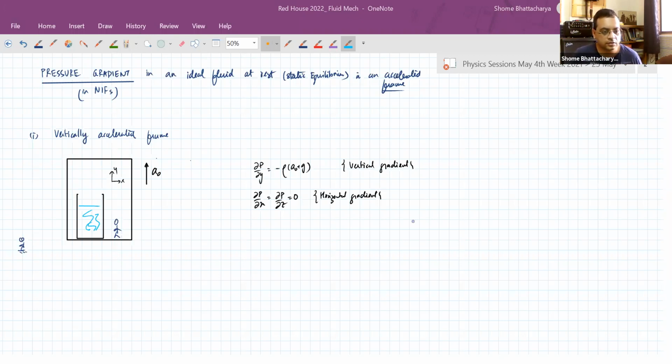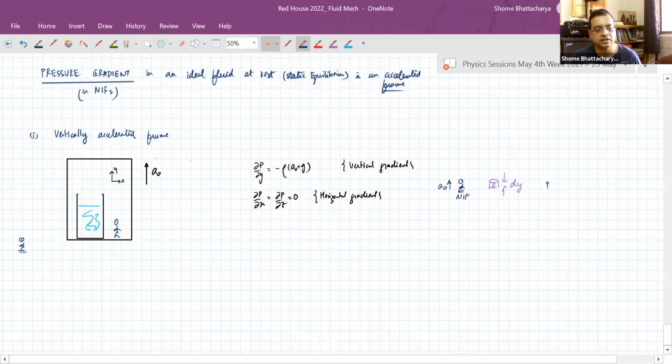Right. So when you look at this kind of a volume element, which is of vertical thickness dy in the non-inertial frame going upwards, it's at rest. So you can see that there is weight and there is pseudo force, which has to be balanced with the pressure force.